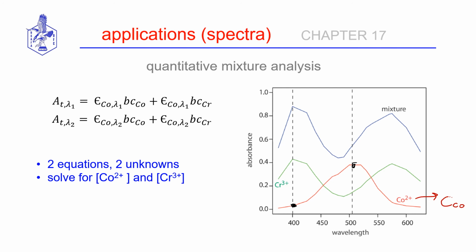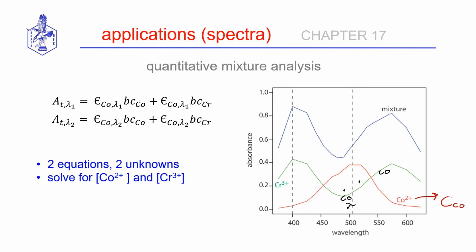Okay, so once again, if I measure the absorbance, I want to know the extinction coefficient for the cobalt at this particular wavelength. I know the path length. I know the concentration of the cobalt, so I can calculate the extinction coefficient.